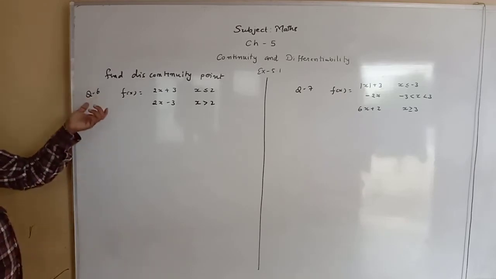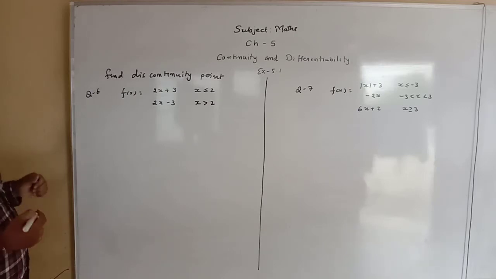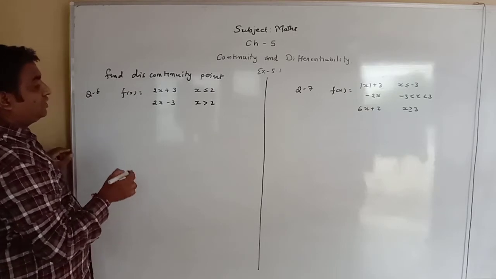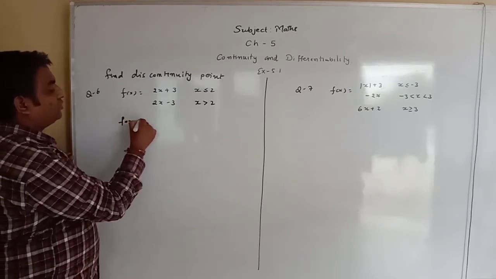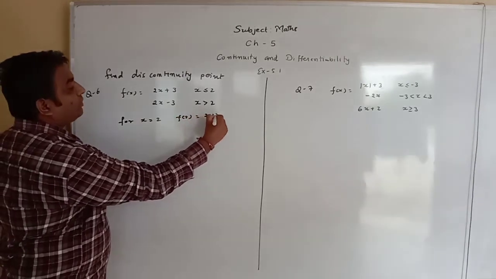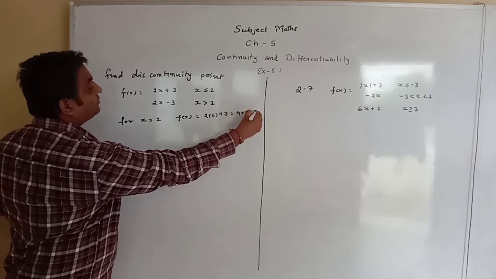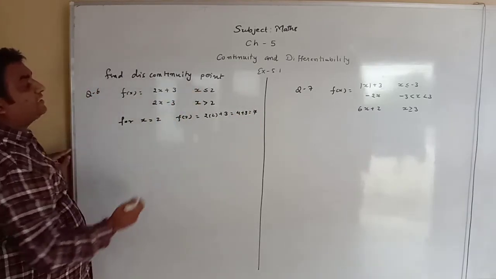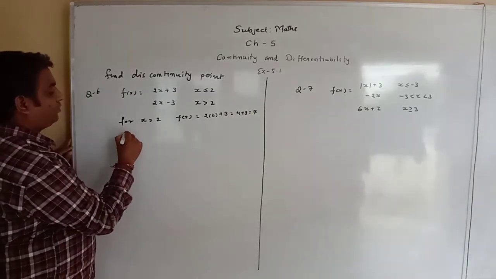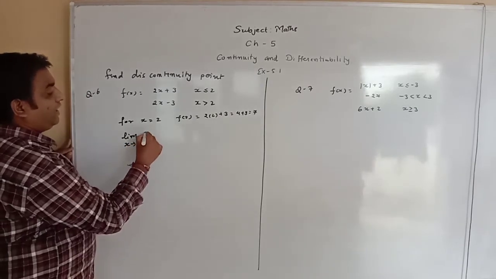Now we have question 6, to find out the discontinuity point. So here f(x) is changing at x equals 2. So for x equals 2, we calculate f(2), then it is 2 into 2 plus 3, 4 plus 3, which is 7. Now it changes at x equals 2, so we will take left limit and right limit at 2. Limit x tends to 2 minus, first we check left limit f(x).